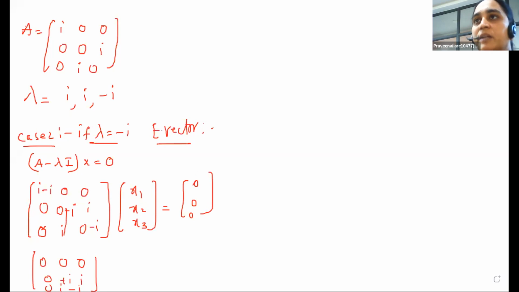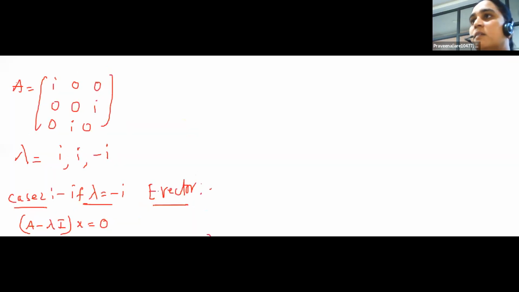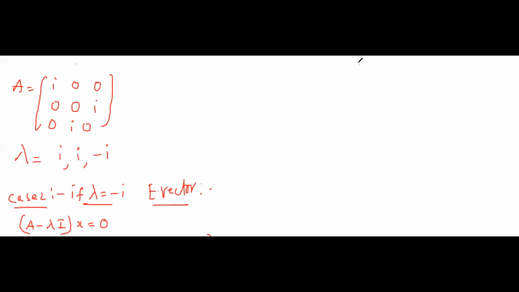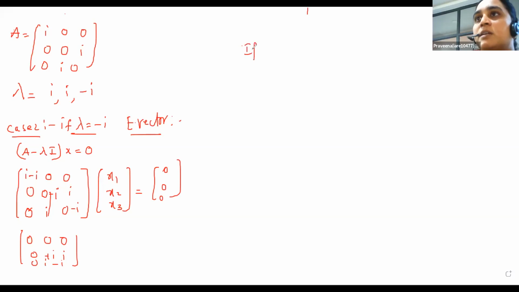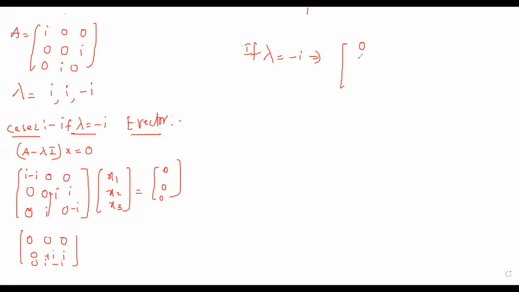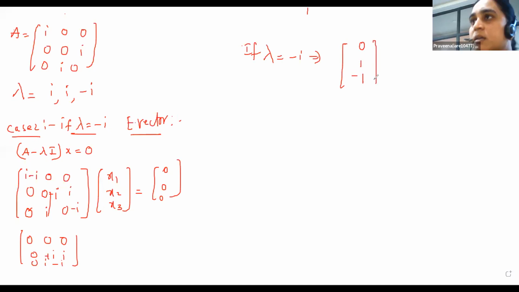Okay, anyway it is complete. Then tell me the answer for that. Tell me the eigenvector: 0 1 minus 1. If lambda is equal to minus I, for that case the eigenvector is 0 1 minus 1.